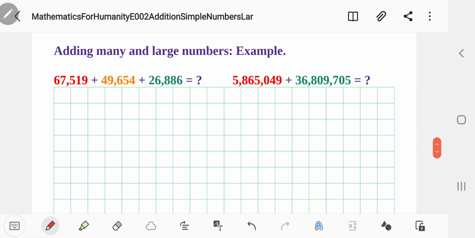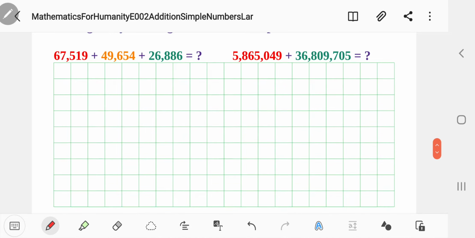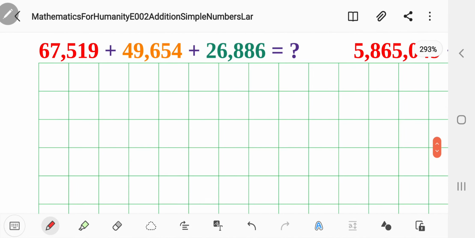So how about adding many and large numbers? So for this one, as I've said, if you write them vertically, you should align the numbers of the last digit in one column.